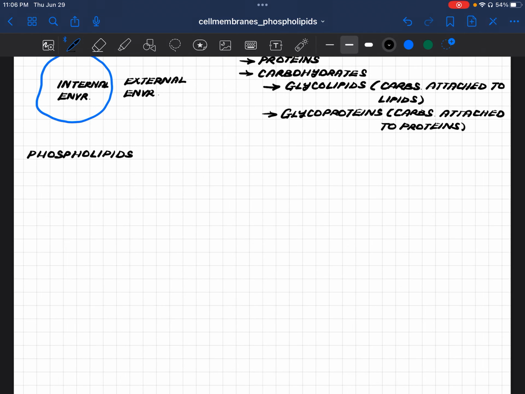Phospholipids are just molecules that contain a phosphate group and two fatty acids.